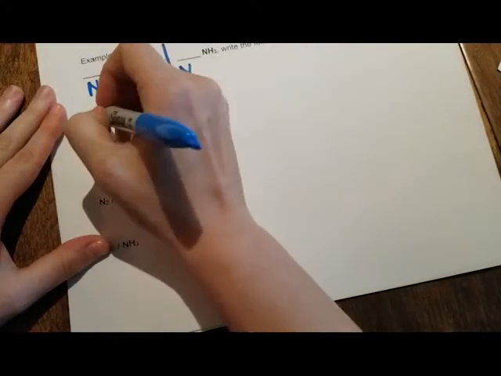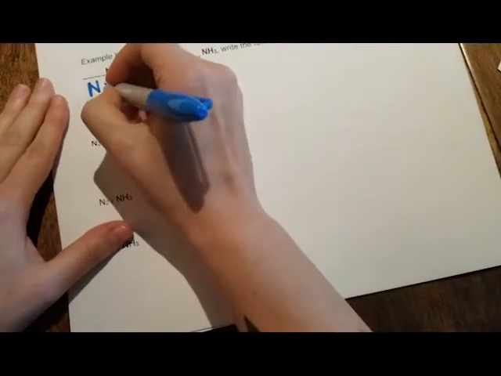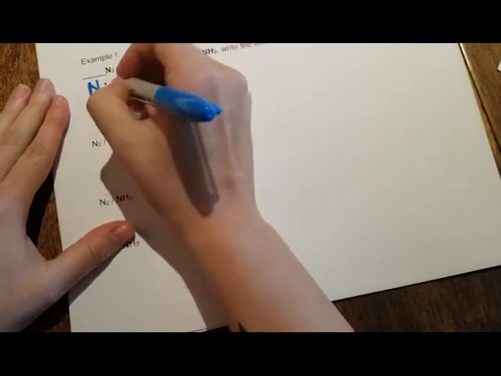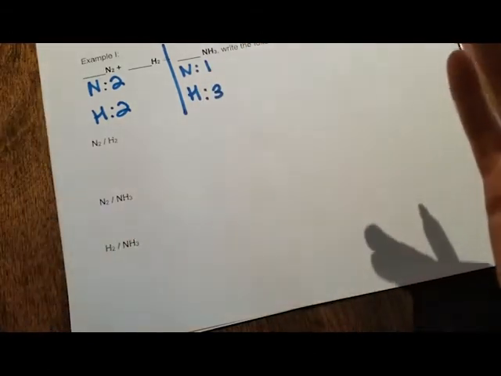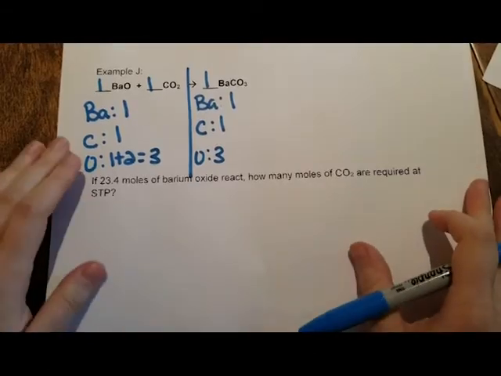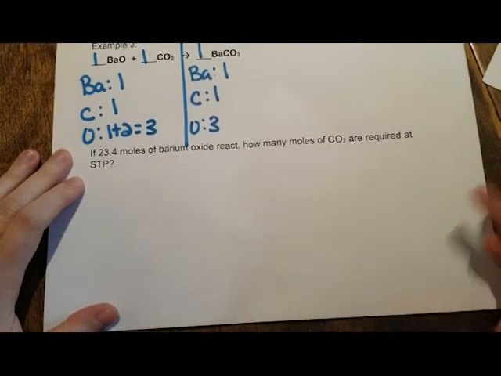I'm going to list in the same order on both sides the elements that I see appearing in my chemical equation. I'm going to count them. Okay, so now that we have our equation balanced, we can move down here to the actual word problem.